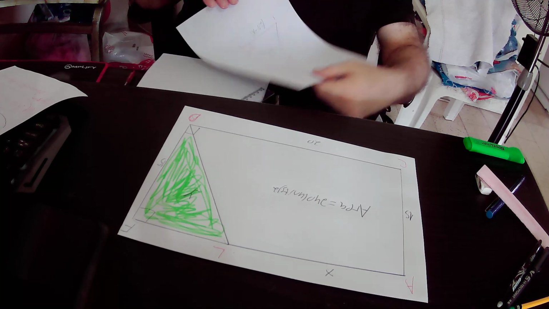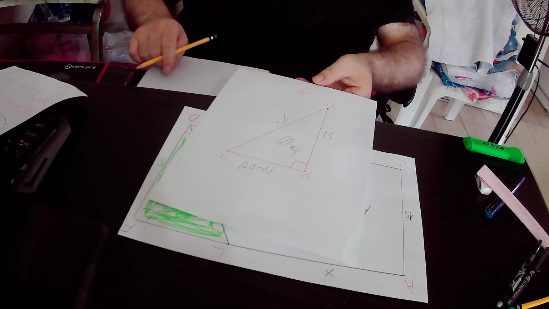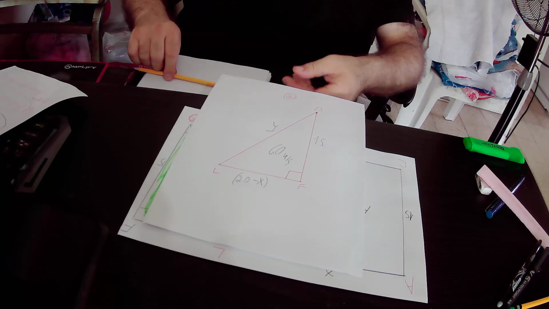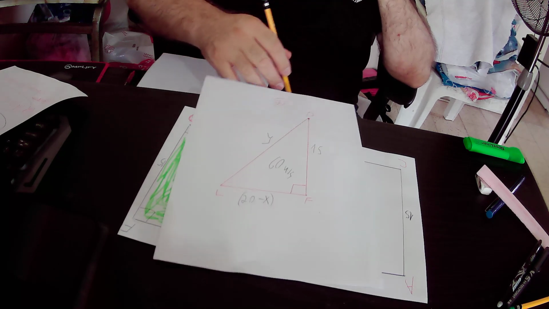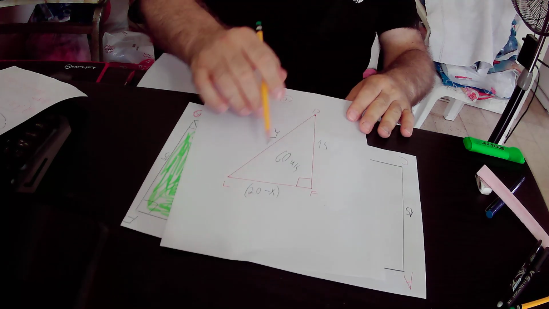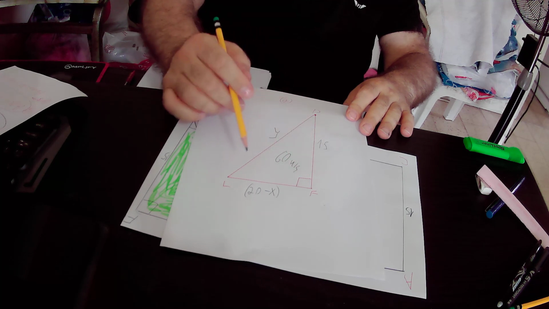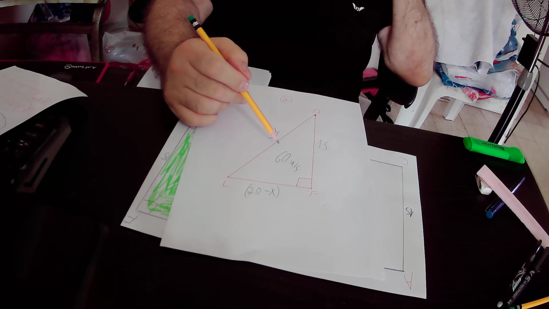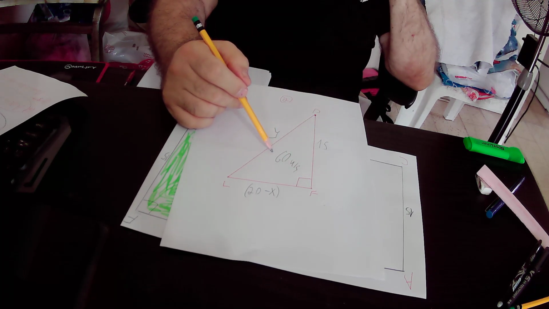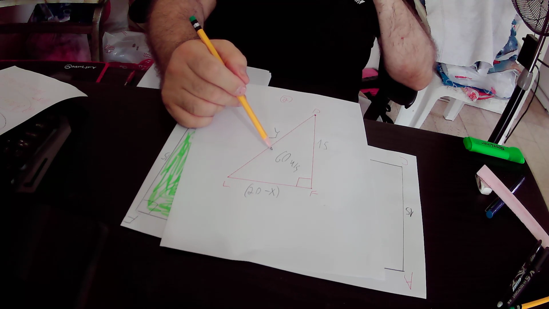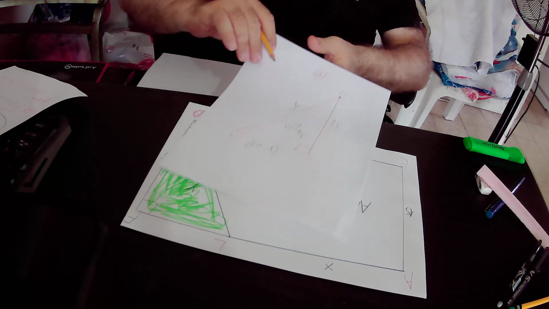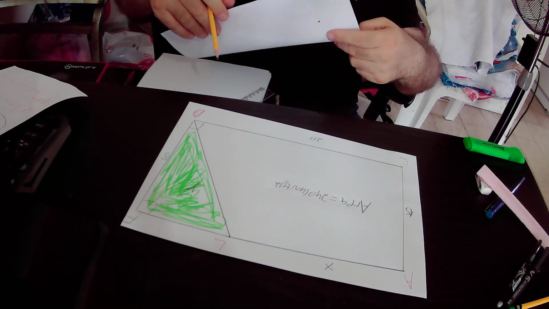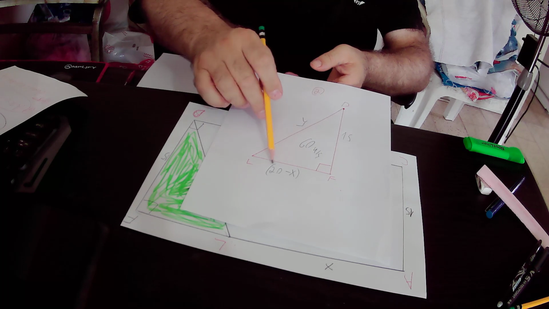So I draw again the right triangle LFD. Side DF of the right triangle equals 15 units. Side LF equals 20 minus x units, and the area of the green right triangle LFD equals 60 units squared. So we can use the formula for the area of a triangle in order to find the value of x.